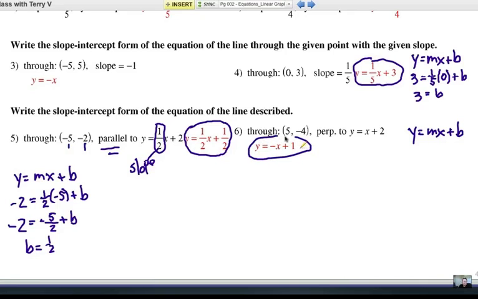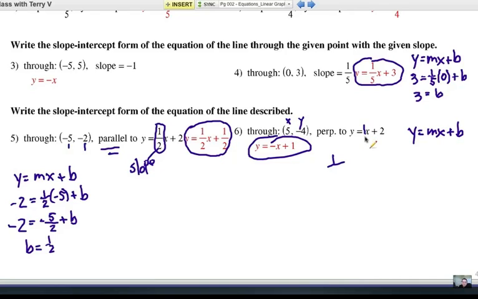This is the equation of the line we're looking for. They give us an x and a y point to try, and it says perpendicular to that line y equals x plus 2. Now in that equation the slope is positive 1. Now remember that perpendicular means creating a right angle to the line, and the principle, as I said in a previous video, is that they are negative reciprocals of each other.